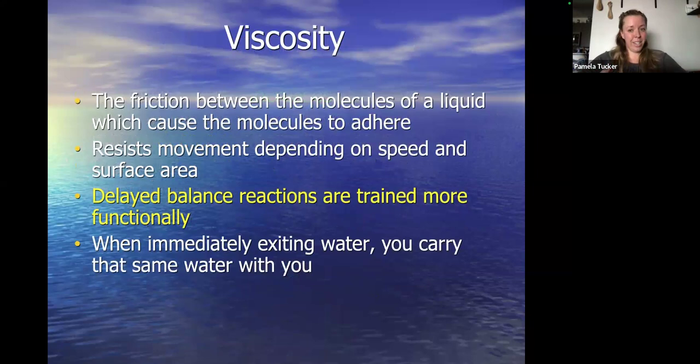Next is viscosity. That's another principle of water, which is the friction between the molecules of a liquid, and it has them adhere. This is why when you walk out of a pool, you're carrying some of that pool with you for a while, with all this water stuck on you for a bit.